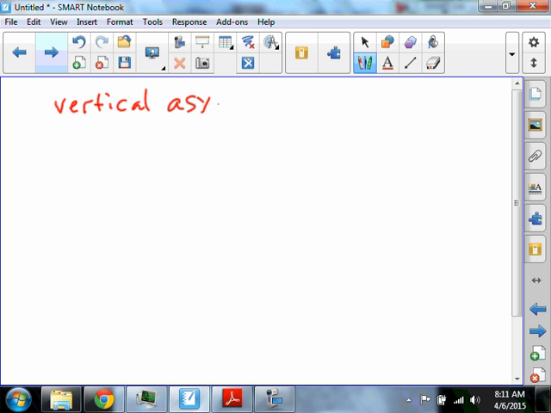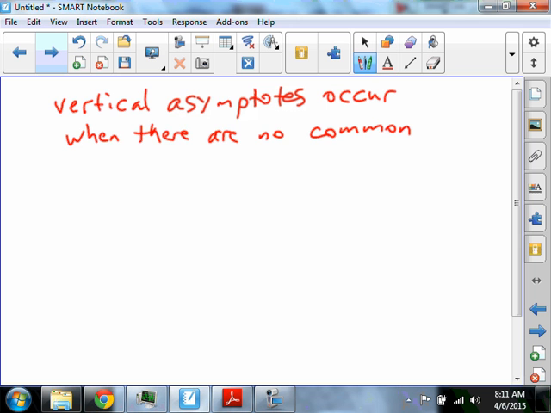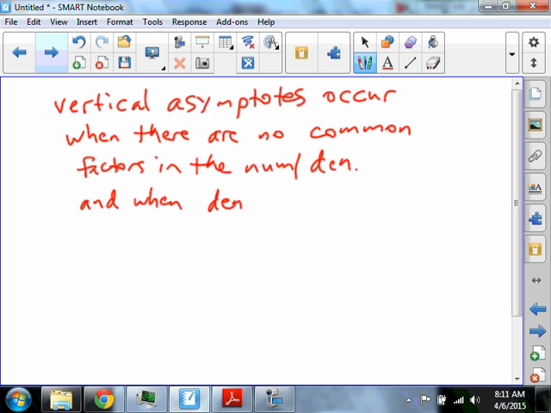Vertical asymptotes occur when there are no common factors in the numerator and the denominator, and when the denominator equals 0.